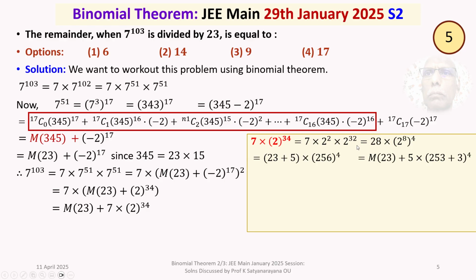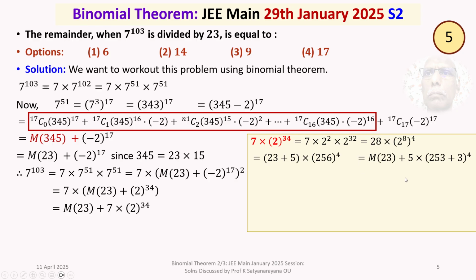This 28 is written as 23 plus 5, into 2 to the power of 8, which is 256, to the power of 4. Now, what you do is, 23 into 256 to the power of 4 is some multiple of 23, plus 5 times 256 is written as 253 plus 3 whole to the power of 4.